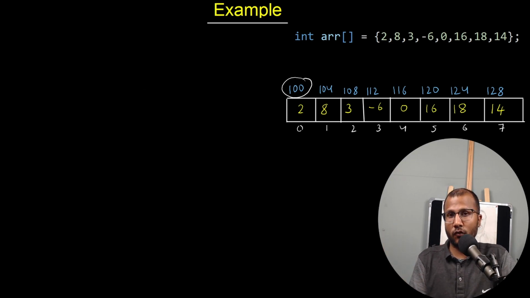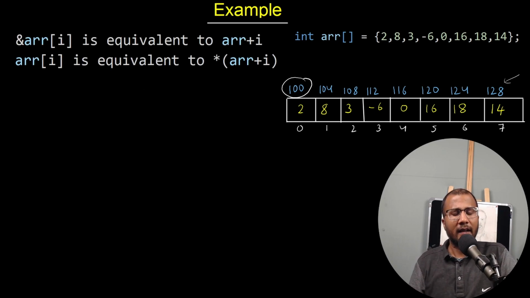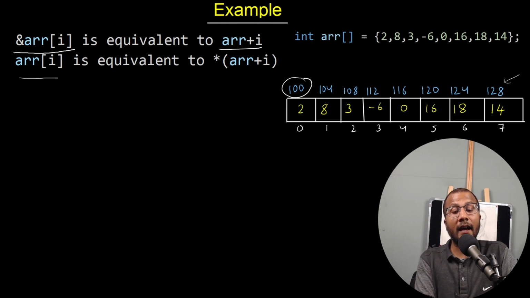Similarly, the last element has the address 128, 129, 130 and 131, 4 bytes. So this is how the array looks. As in the previous case, ampersand arr[i] is equivalent to arr plus i, and arr[i], the value, is equivalent to asterisk (arr plus i).